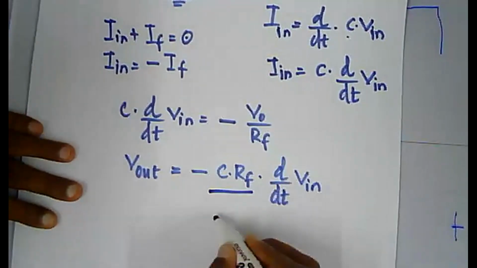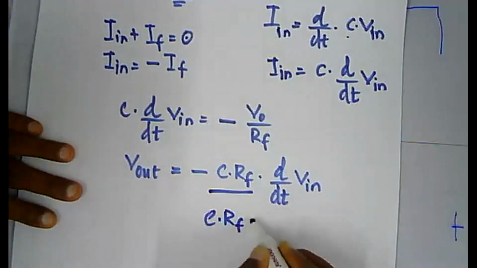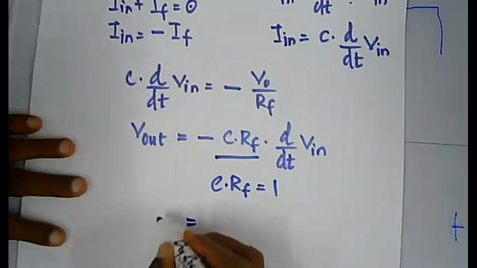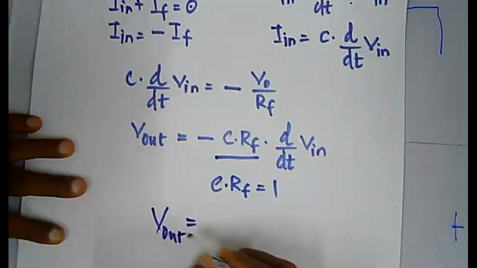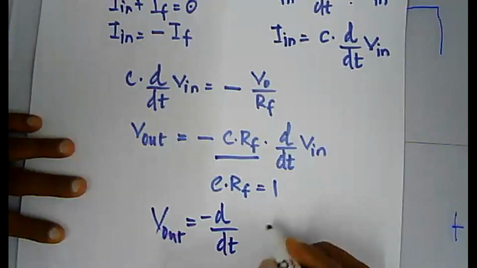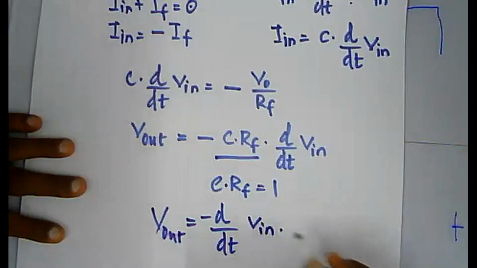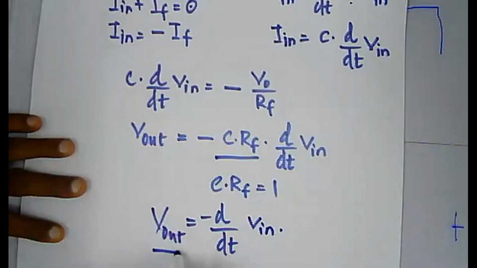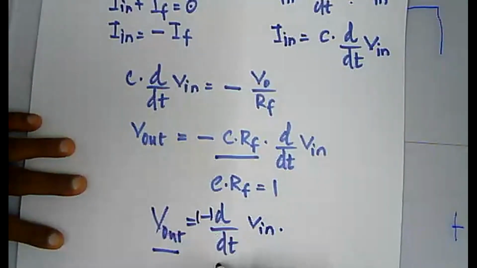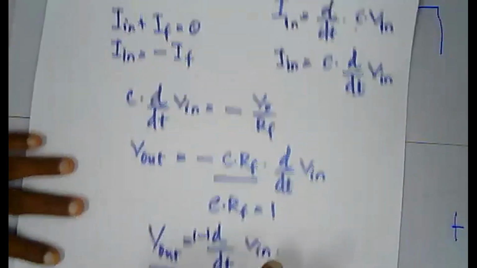And if C into RF equals 1, hence the V out becomes minus of d/dt of V in.